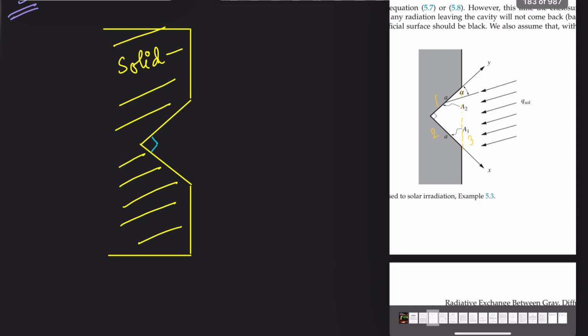It is given that from outside there is an incoming radiation or irradiation.